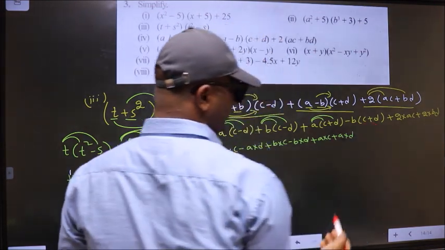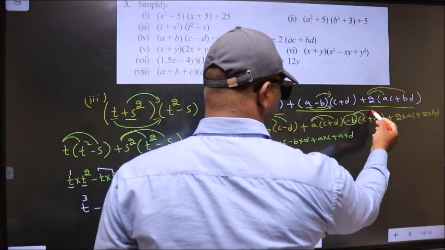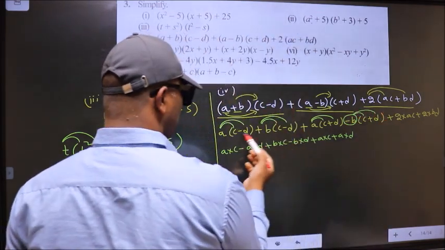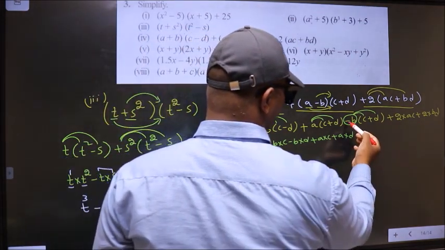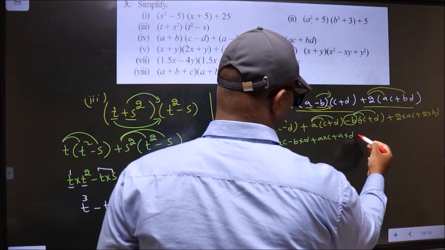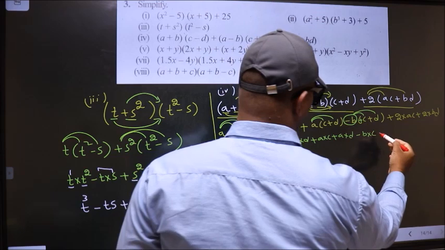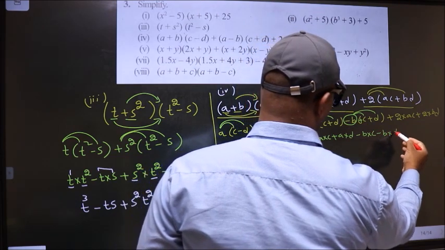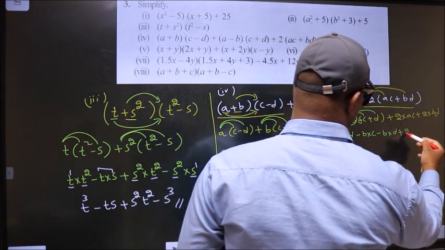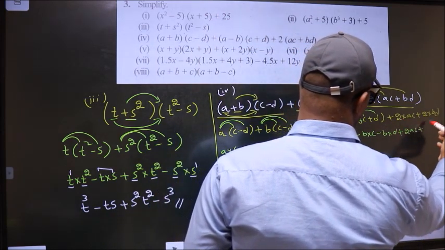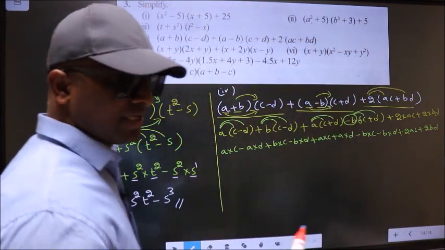Now here careful, here we should open up the brackets with minus b. Over here it was plus, so it was easy. Now here it is negative. First negative into plus minus b into c. Now minus into plus minus b into d. And over here 2 into ac is 2ac plus this is 2bd. Okay. Next.